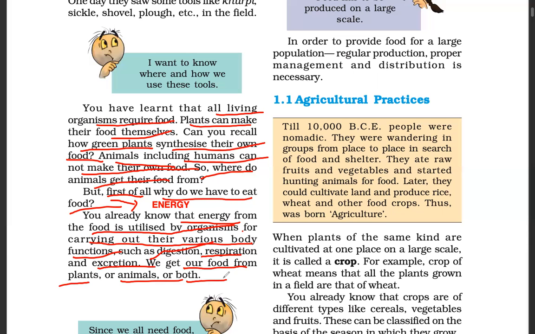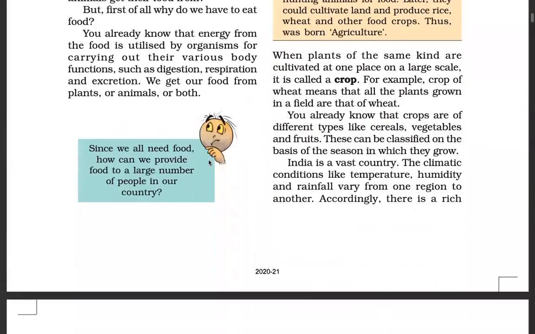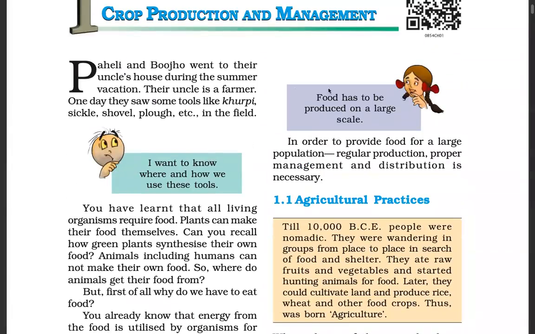They eat fish, they eat hens, etc. So some people are veg and some people are non-veg. The people who are non-veg eat veg also and non-veg also, and the people who are veg, they don't eat non-veg, they only eat veg. So we get food from both, right?